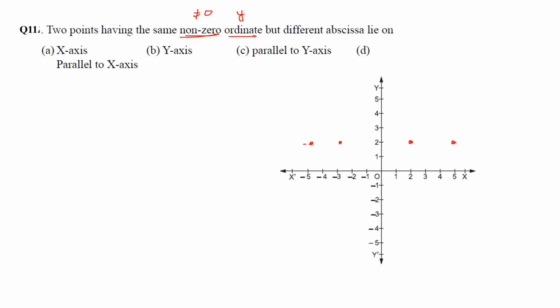And if I join all these points, so you can see they are parallel to which axis? This is your x-axis. So this line is parallel to x-axis. So the option is option D. So 2 points having the same non-zero ordinate but different abscissa will lie on parallel to x-axis. So this is your answer.